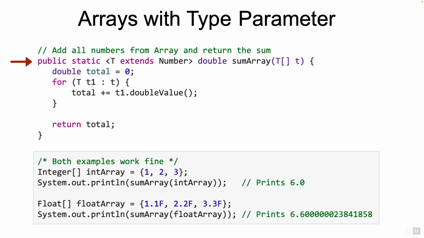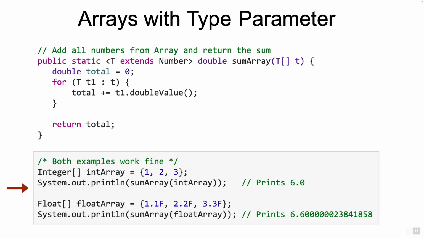On the screen you can see the code to sum up all the numbers in an array. Here we declared the type of array to be a generic type parameter T, and also declared the type to extend from Number. Now this code is type safe because within the method sumArray, we cannot add any item unless it is proven to be of type T.